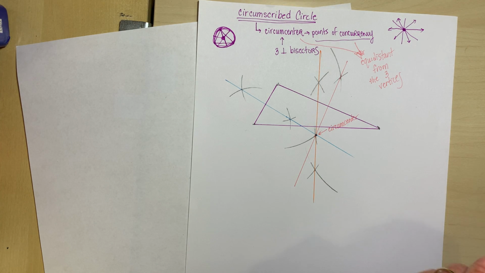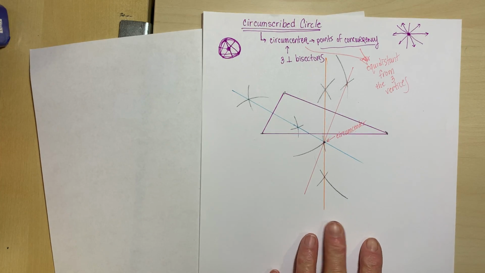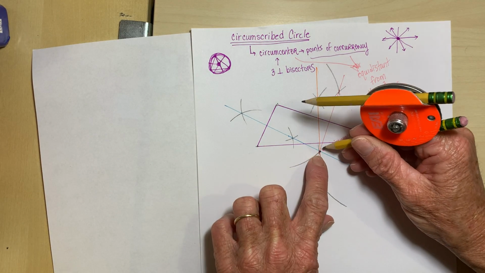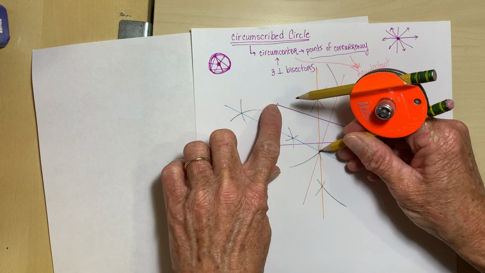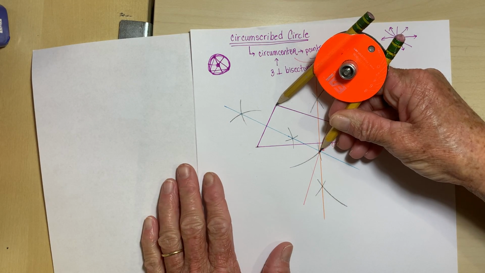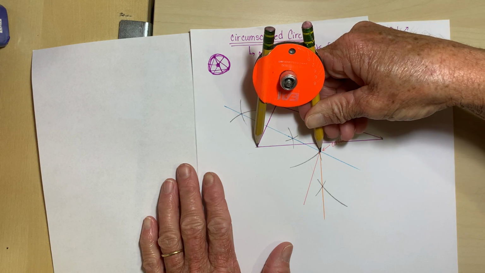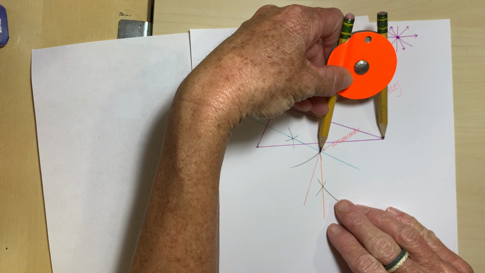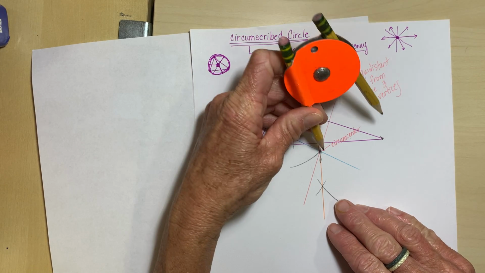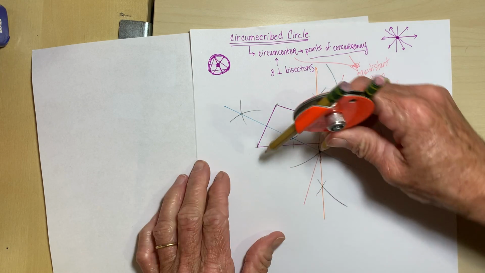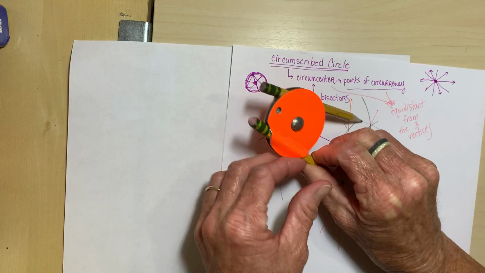So that is how we're gonna find our radius of the circumcircle. We're gonna take our compass and open it up from the center to one of those vertices and check it. It should be the same distance to the second vertex and the same distance to the third vertex, and it is. So we can go ahead now and just carefully construct our circle.